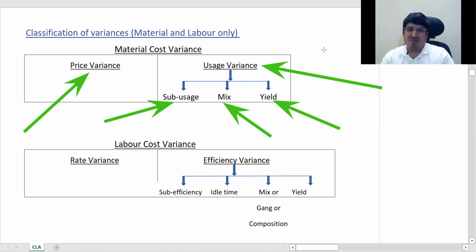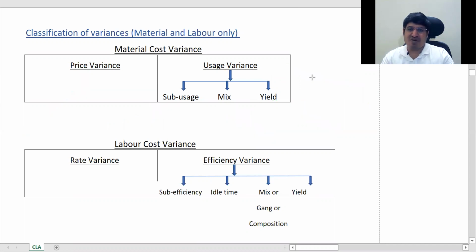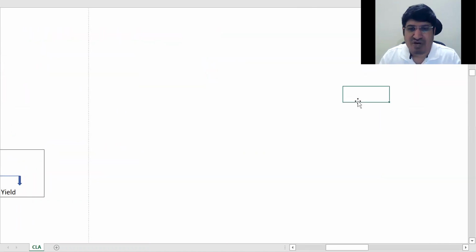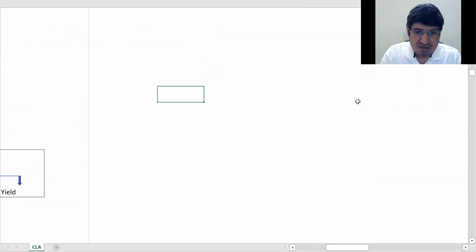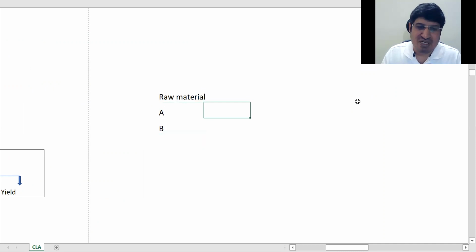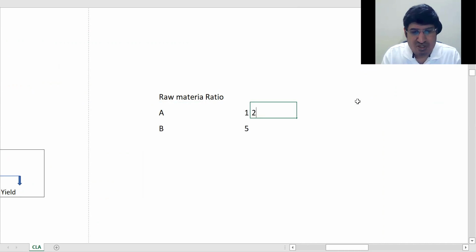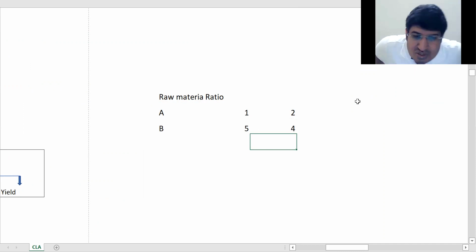Okay. So now why does mix variance happen? When for a product you have to mix certain raw materials, say A and B, you have to mix them in a ratio, and the ratio is 1:5. But actually you have mixed as 2:4.